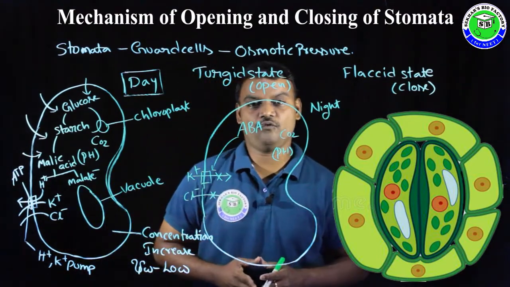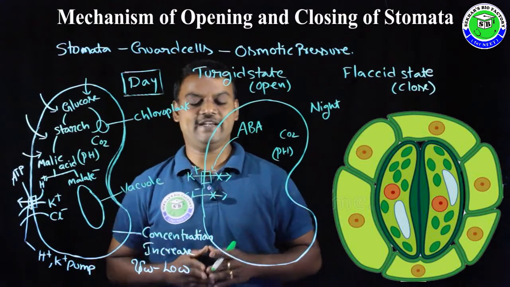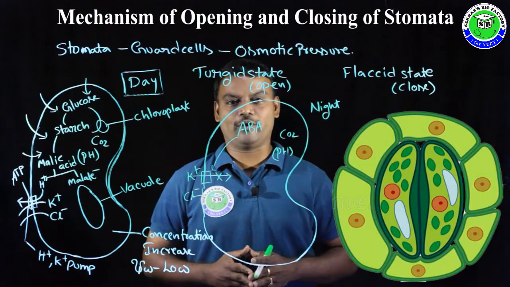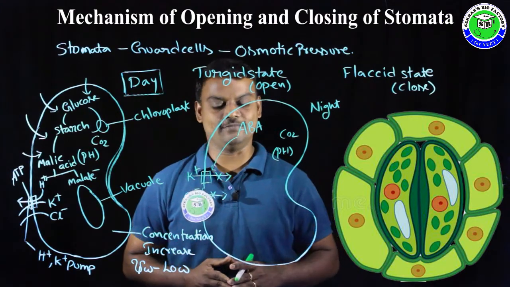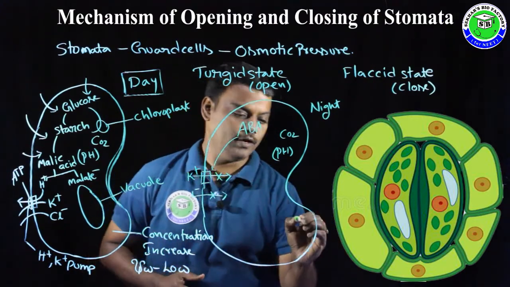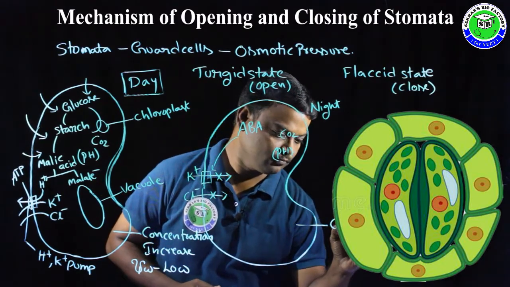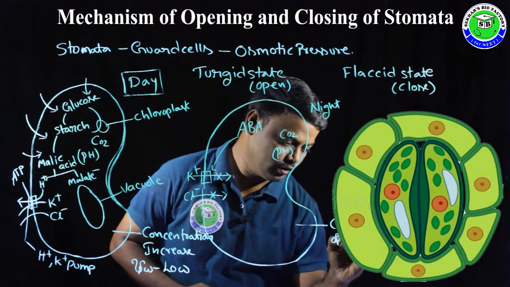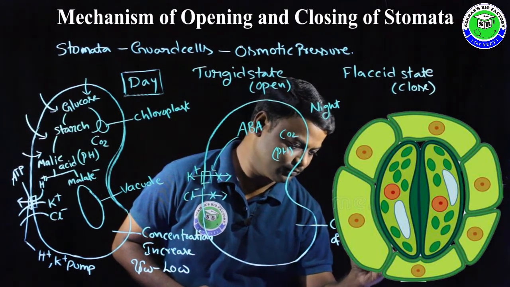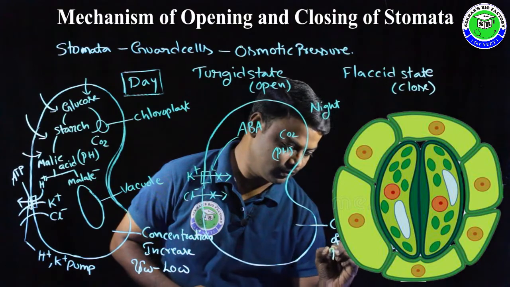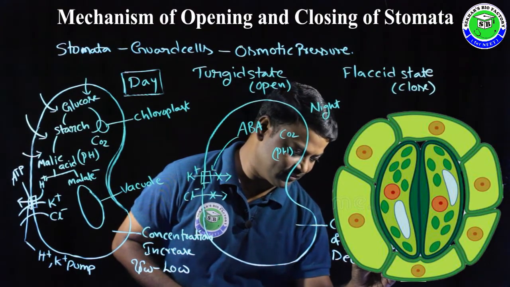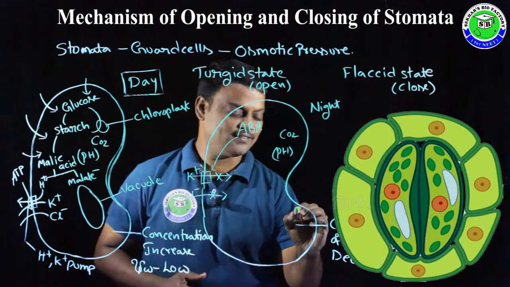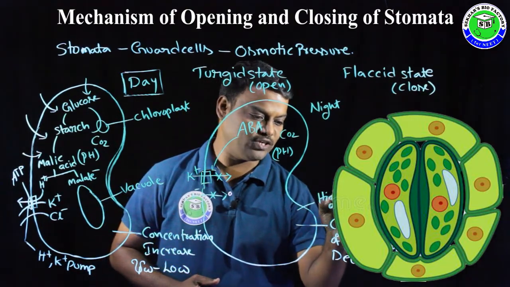Due to the absence of photosynthesis, malic acid never converts into H plus and malate minus ions. So gradually, due to this mechanism, the concentration of protoplasm decreases. When the concentration of protoplasm decreases, it indicates a high water potential.